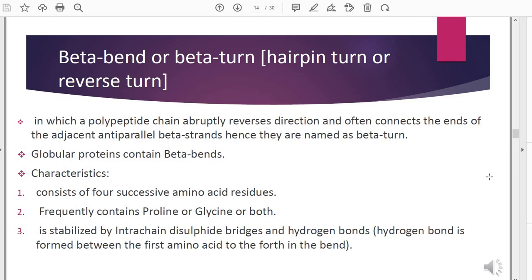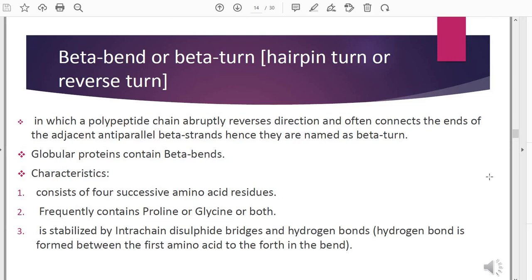They are named beta turn, beta bend, hairpin, or reverse turn. There is a change in the direction of the polypeptide chain. It's abundant in globular proteins like hemoglobin and myoglobin. We will explain it in detail in our next lectures.